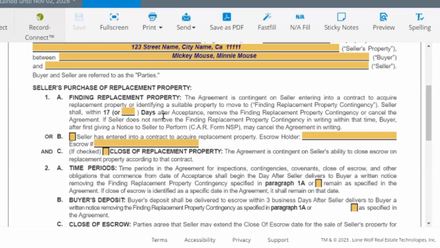At the end of the 17 days, if they have not found their replacement property, the buyer can either cancel the agreement, or seller and buyer could negotiate, and maybe they're going to give the seller another week to find a replacement property, or whatever the case might be. But by default, it's a standard 17 days.